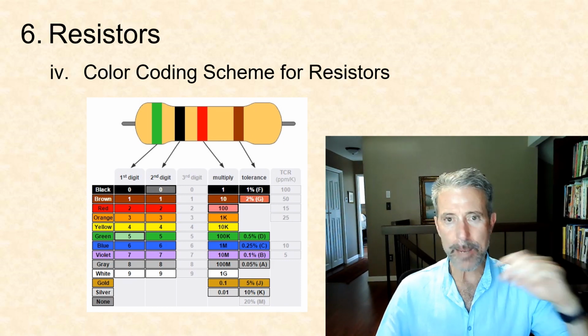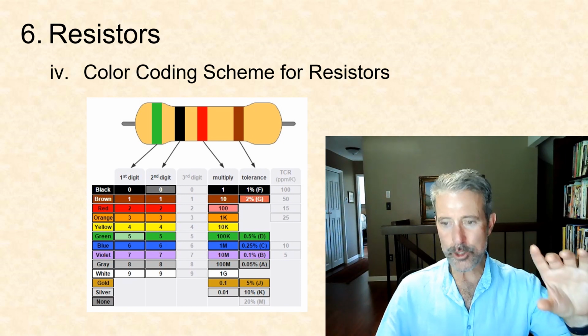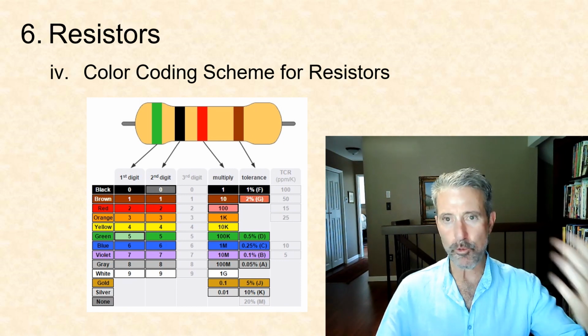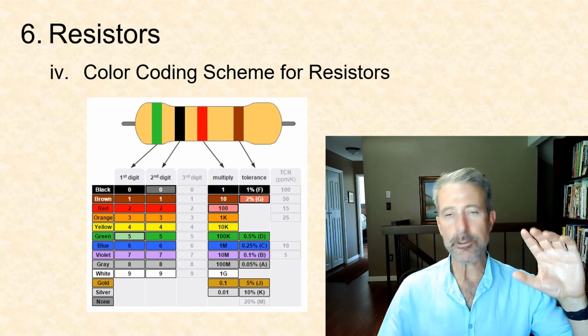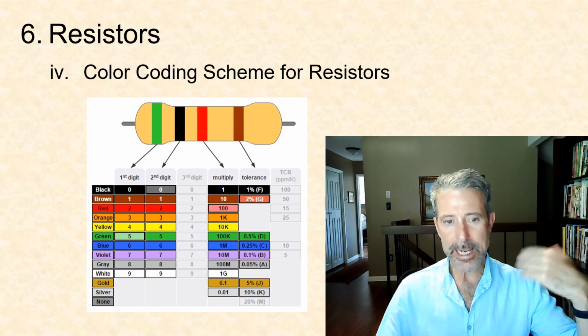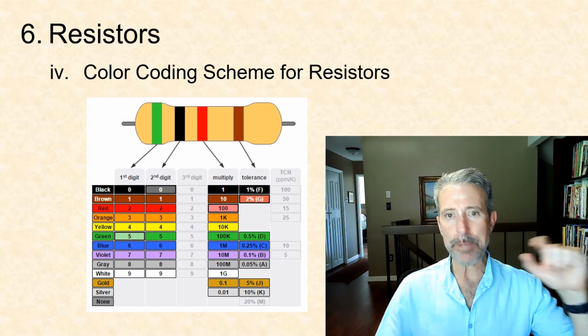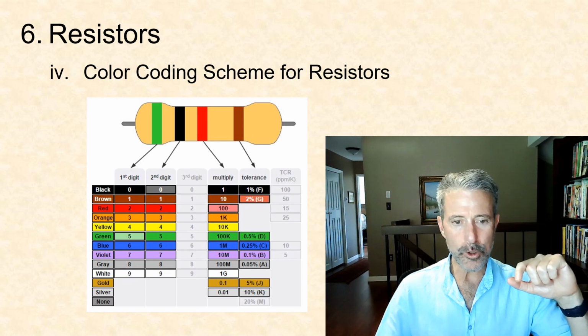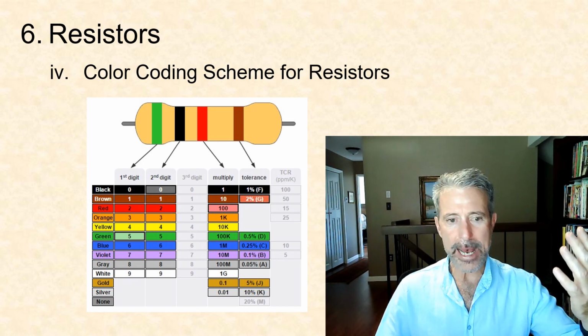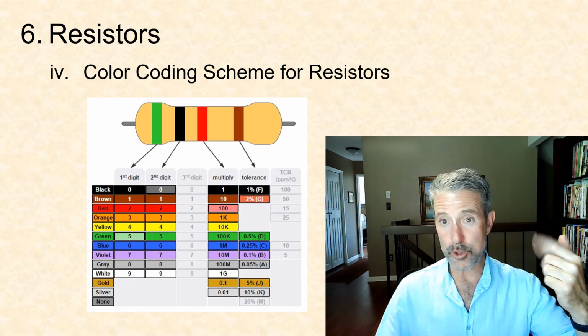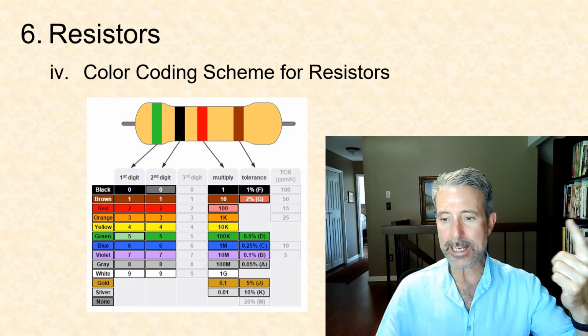So, for example, for the resistor you see pictured on this slide, which is a 4-band resistor, we take the first 2 colors, the green band and the black band, and when you look, the green band represents the number 5, the black band the number 0, so those 2 bands in tandem give us the number 50.